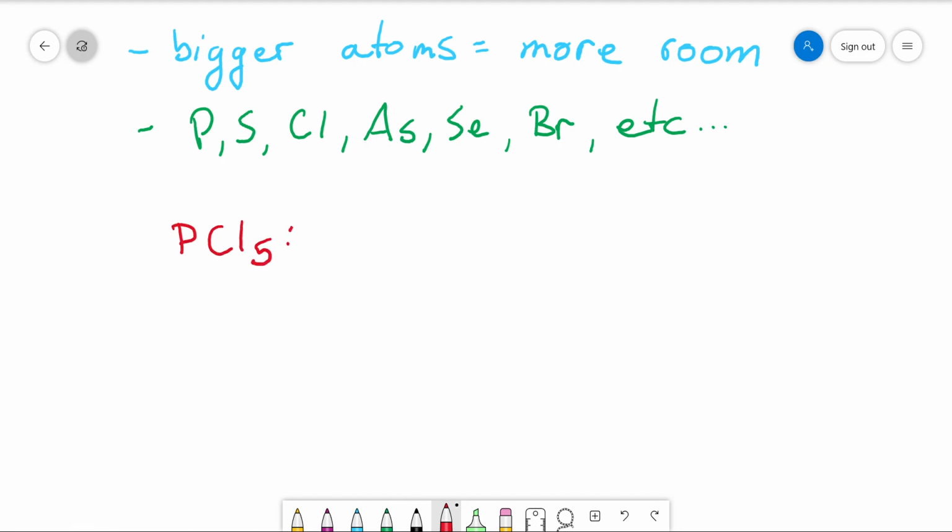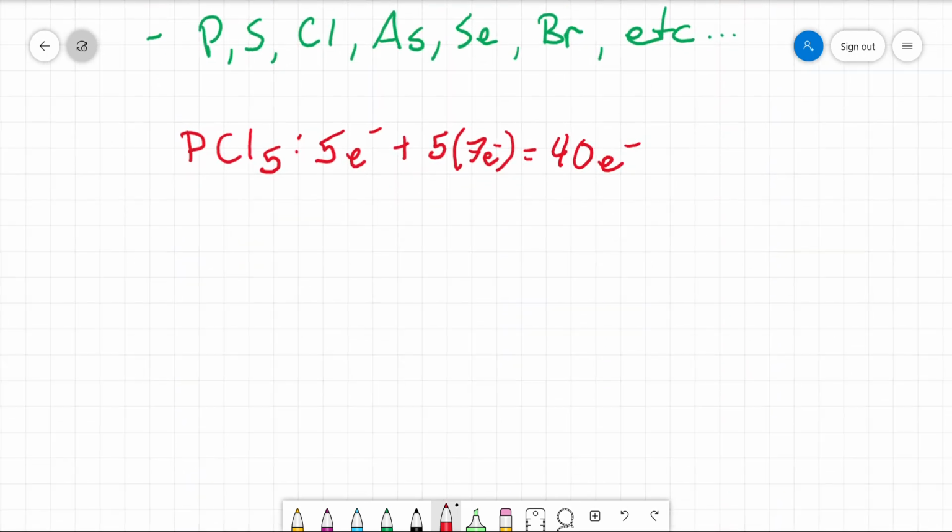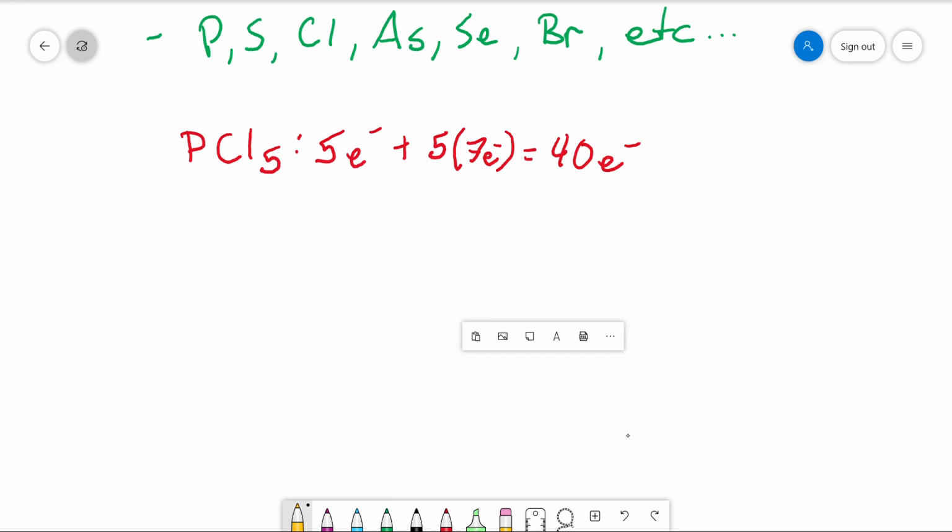PCl5. Again, going through all the steps, starting at 1, counting electrons. 5 electrons for phosphorus, 5 chlorines with 7 electrons each, and that gives us 40 electrons. Okay. 40 electrons. Which one is in the middle? Well, it should be fairly obvious that the phosphorus is in the middle. 1 bond to each chlorine.